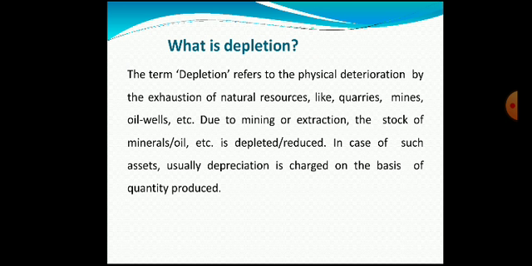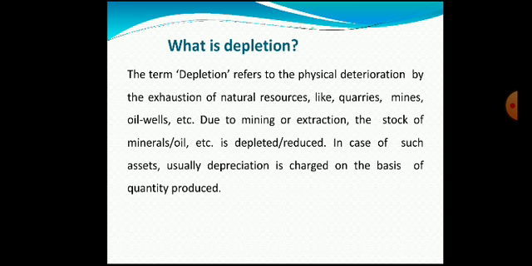So in the place of depreciation, we use a word called depletion in respect of wasting assets. Wasting assets are those assets whose value is exhausted after a particular period of time. For example, a quarry or a mine, say a coal mine wherein you go on extracting the coal from the mine.